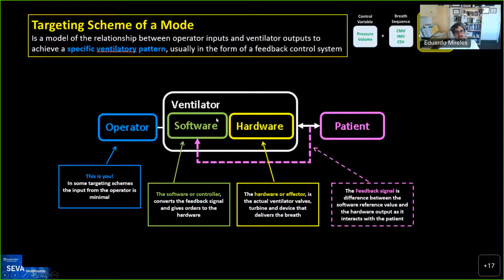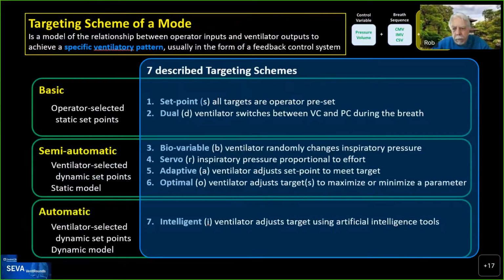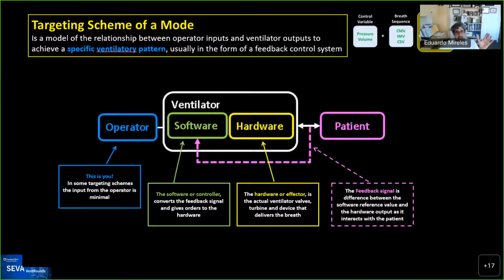But in that paper that Rob is posting, essentially, we ended up with 7 different ways to program the ventilator, or 7 targeting schemes. Now, like anything, there can be others that are being developed. But at that time, and at the current time, these are the 7 that were described.